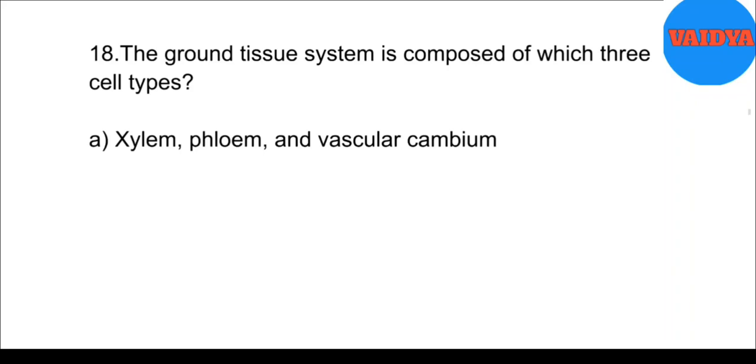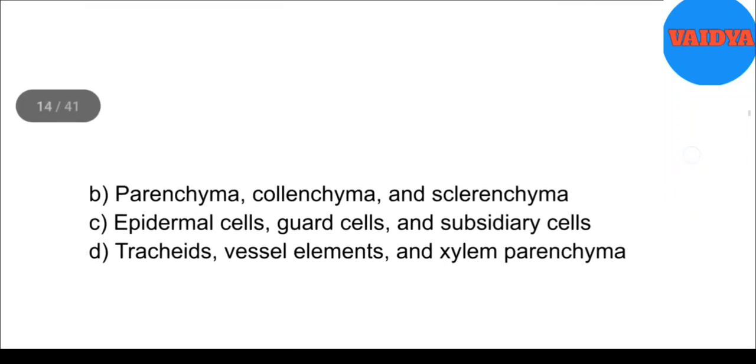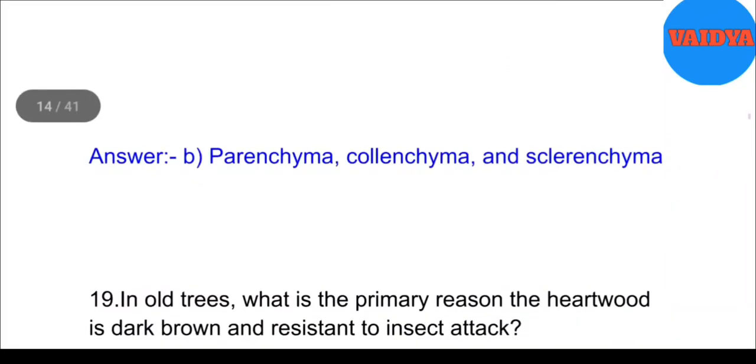The ground tissue system is composed of which three cell types? A. Xylem, phloem, and vascular cambium. B. Parenchyma, parenchyma, and sclerenchyma. C. Epidermal cells, guard cells, and subsidiary cells. D. Tracheids, vessel elements, and xylem parenchyma. Answer. B. Parenchyma, parenchyma, and sclerenchyma.